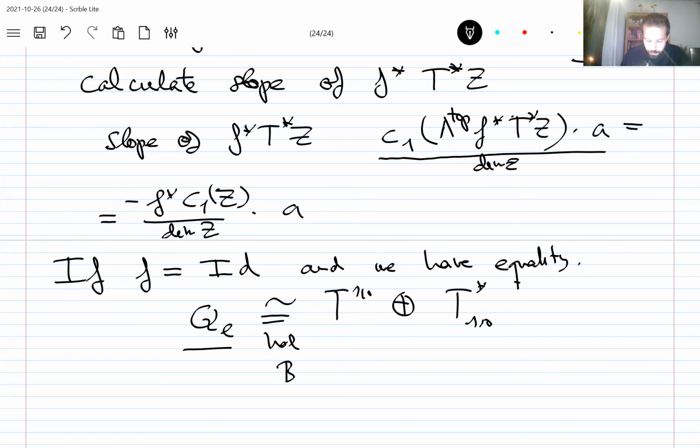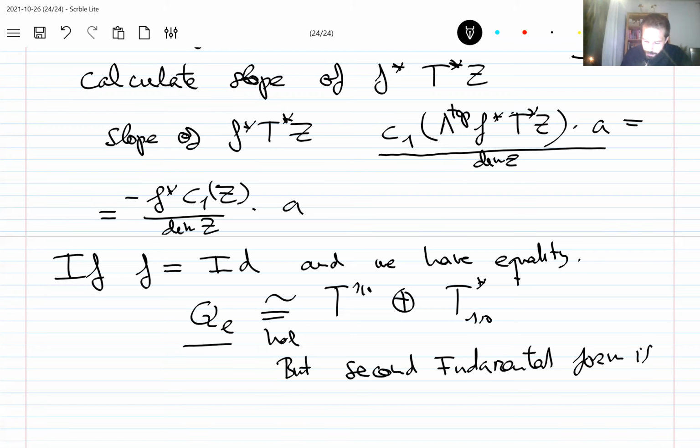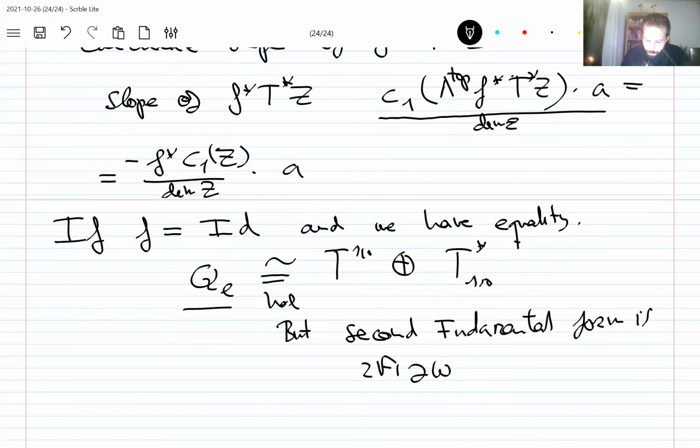But the second fundamental form is precisely, essentially, ∂ of ω. So this being split tells you that this is 0.